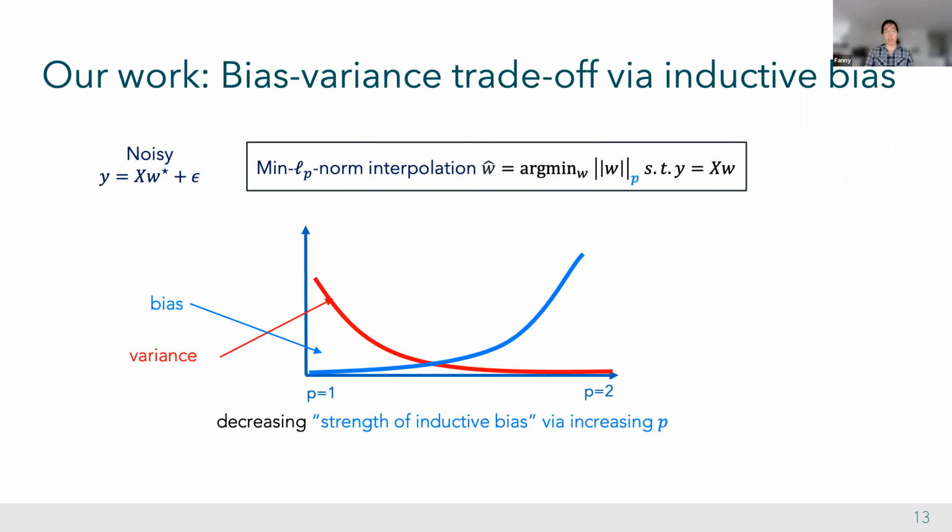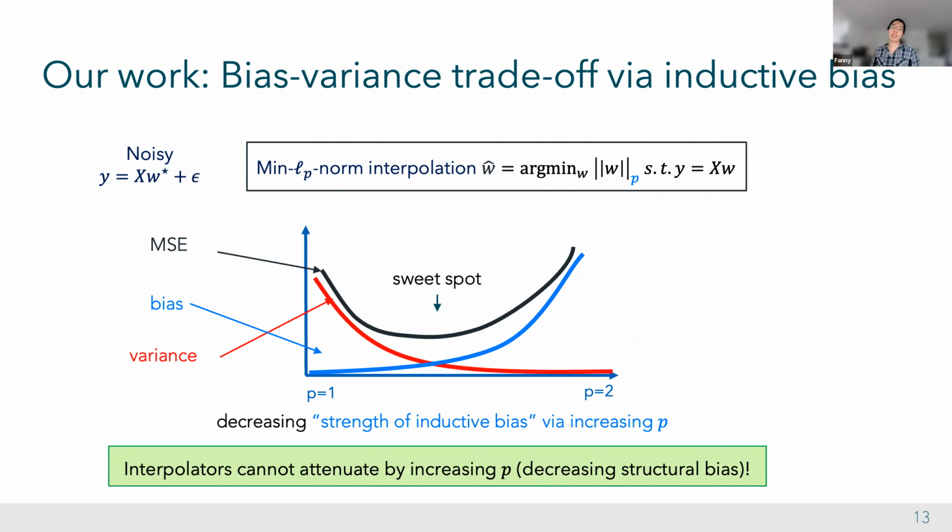Okay, so here we have essentially just discussed a new kind of bias-variance trade-off that occurs for interpolators if you allow the inductive bias to vary. And so the MSE we would expect to also follow a U-curve. And in this case, just to summarize, the increasing P or decreasing structural bias plays the role of increasing lambda, of attenuating noise.